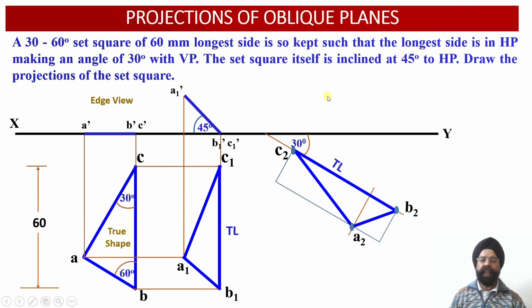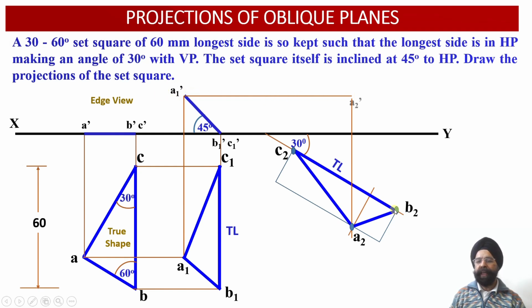Now we need to obtain the front view projection. So once again the corresponding projections we need to obtain. So from point A2 we are going to draw a vertical projector in the upward direction and extend this till it intersects with the horizontal projector which is emerging from the point A1 dash.